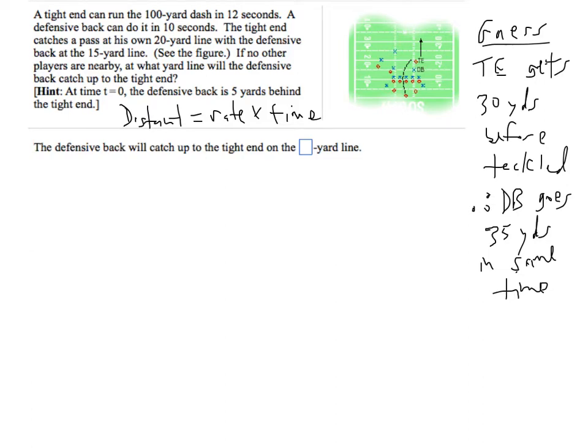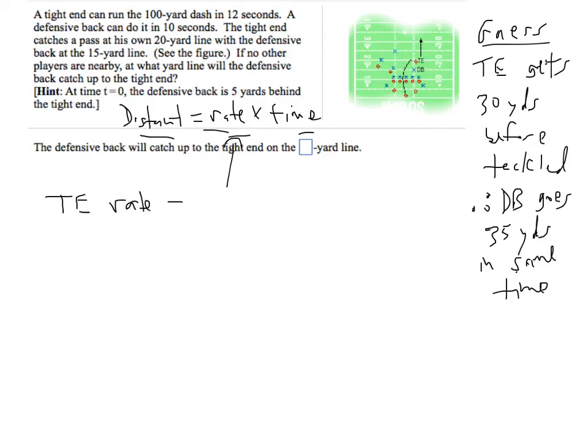Well, we have to think about distance, rate, and time. Rate will be a speed. In this case, it'll be in yards per second, since we're told how many yards each of them run in a certain number of seconds. So the tight end's speed, I'll continue to call it rate, just because that's how we usually describe that.